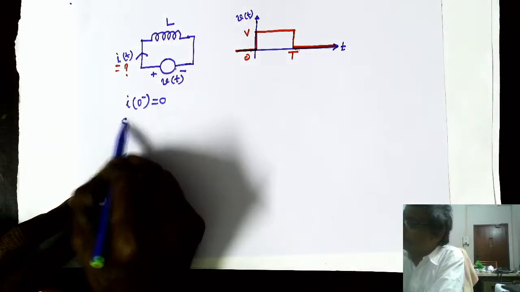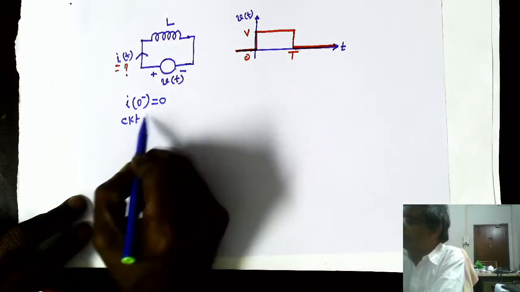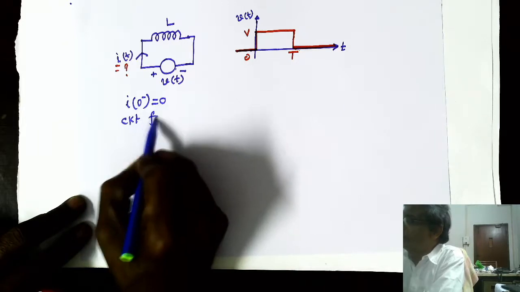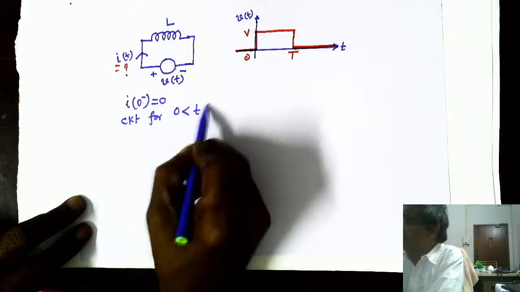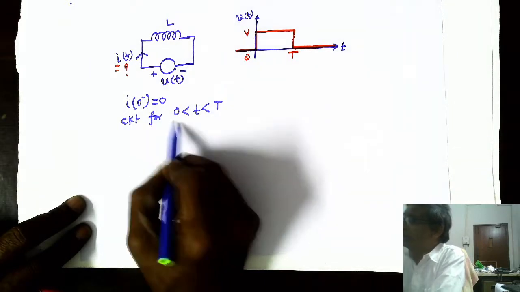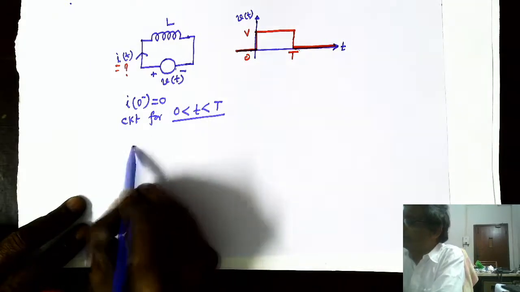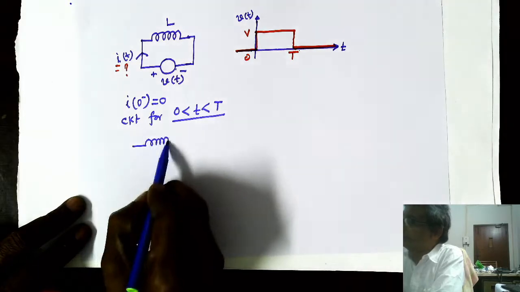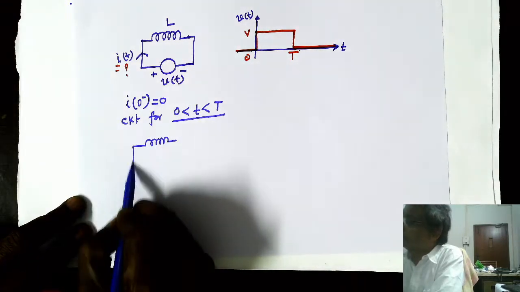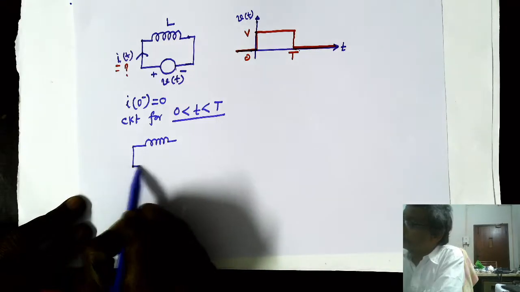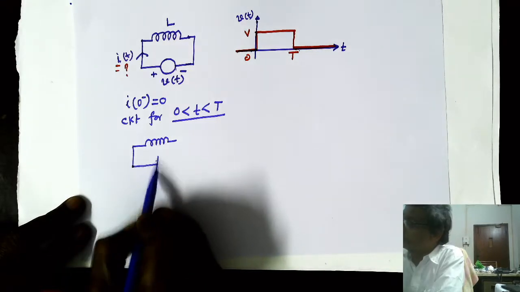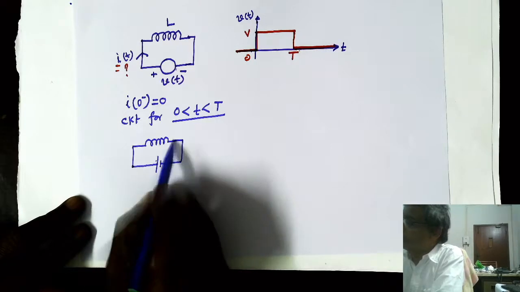the circuit looks like this for t between 0 to capital T. During this period, the circuit is like this. Constant voltage, plus minus.